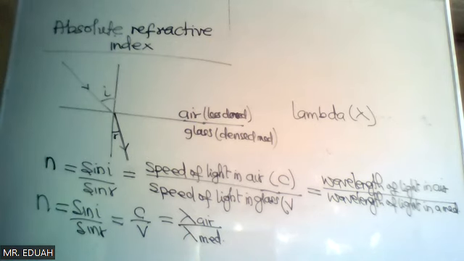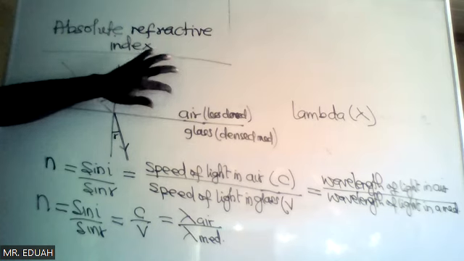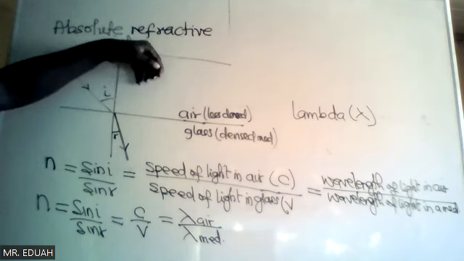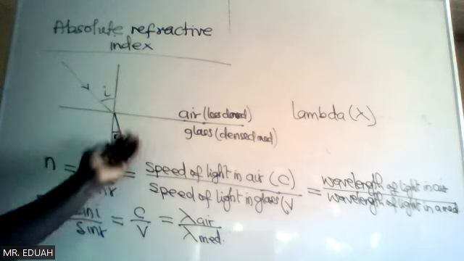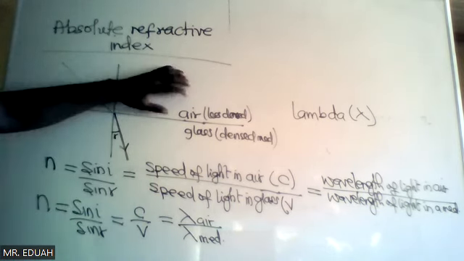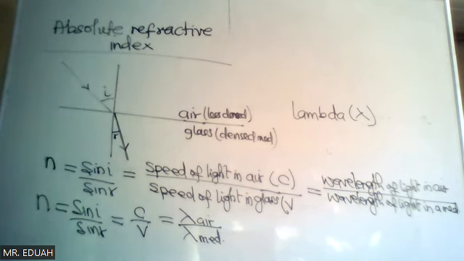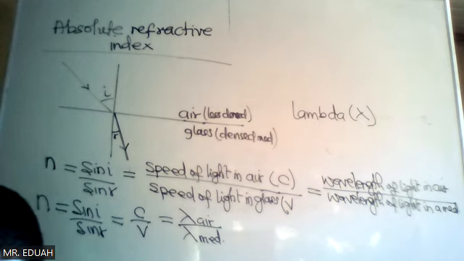Now, when you are determining the refractive index of a material, and the first medium from where light is coming from is entering a second material, when the first medium is air, then we talk about absolute refractive index.